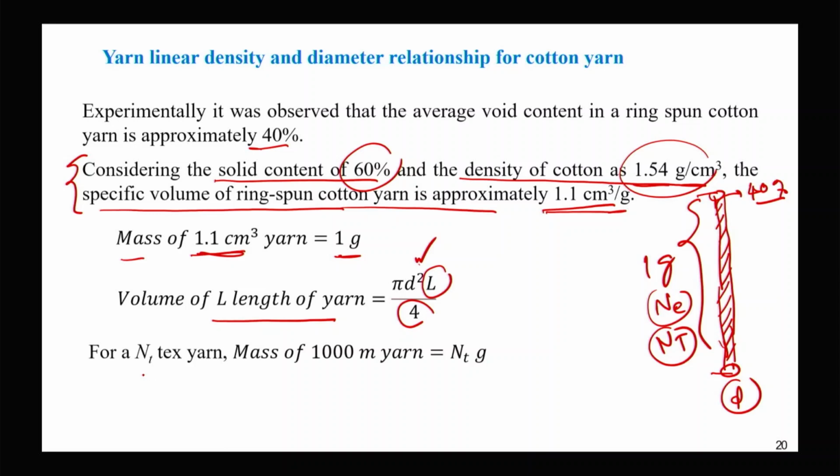So for an N text yarn, the mass of 1000 meter of yarn weighs N grams, from the definition.